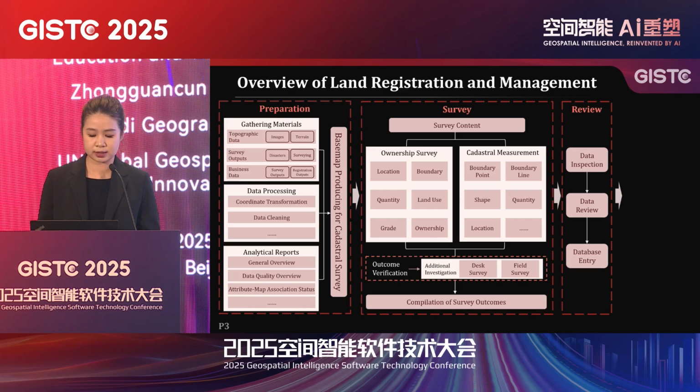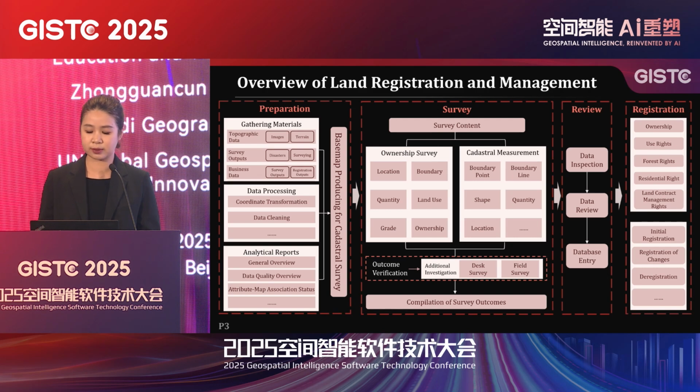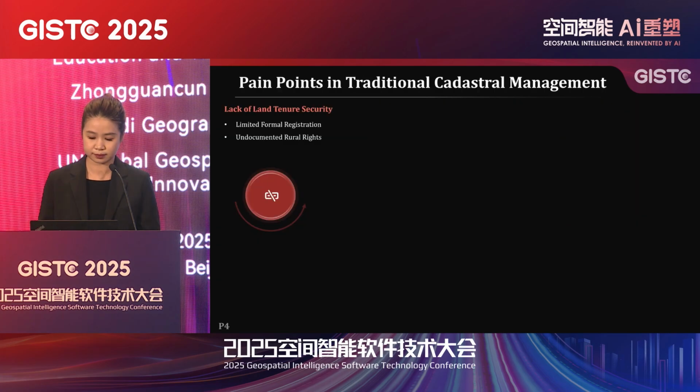The results are stored in a centralized database and lead to various applications. Then registration, recording the rights such as ownership, usage, contracts, and more. By going through these 4 steps, we can get the basis of modern land administration.